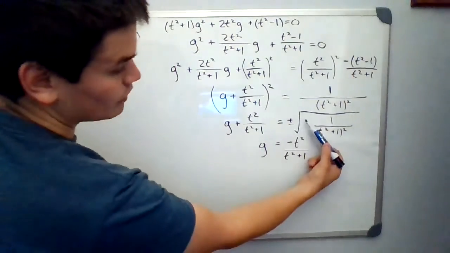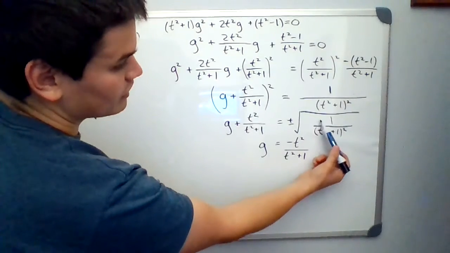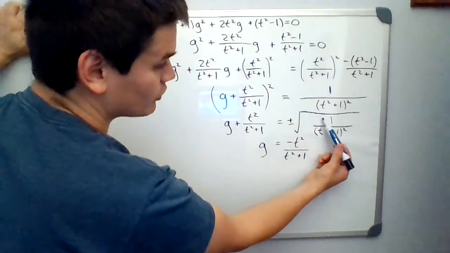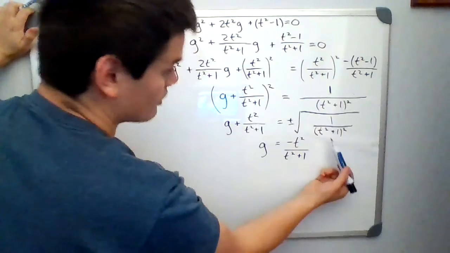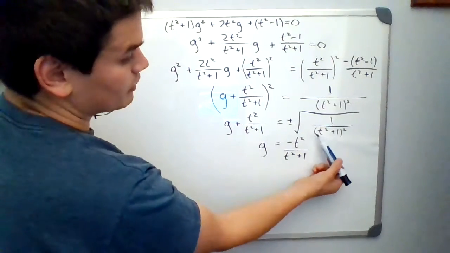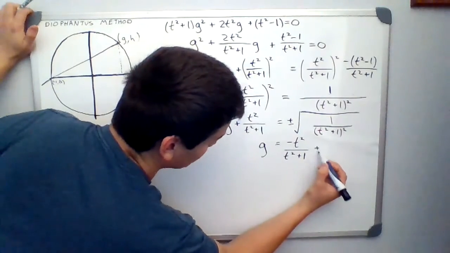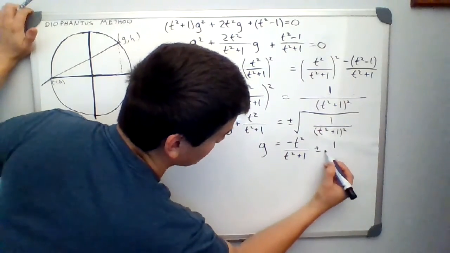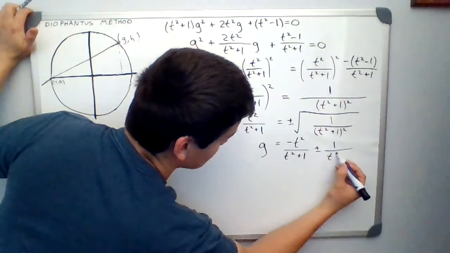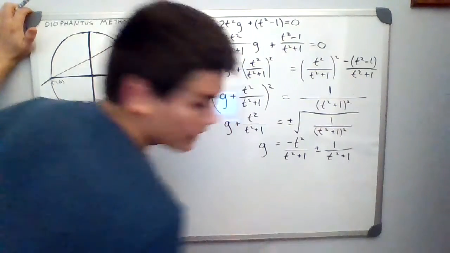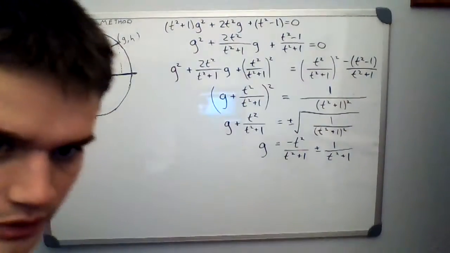But we can see that square root is going to take the square root of the numerator and the square root of the denominator. The square root of the denominator is just t squared plus 1, so it ends up being plus and minus 1 divided by t squared plus 1. Is that still visible? Okay, good.